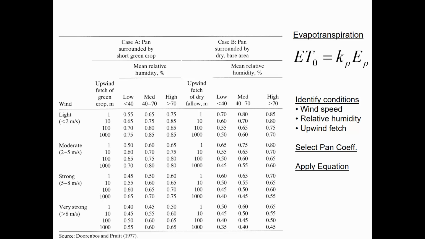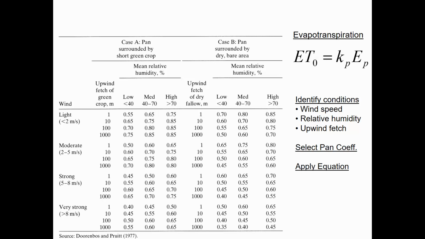And so wind is a factor, and also each of these rows is related to an upwind fetch of green crop. What that's talking about is if your pan is surrounded by a green crop, then the green crop is going to hold on to humidity in a way that is going to affect the pan.